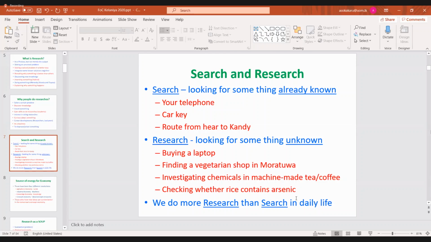Say for example, you want to find which particular variety of rice, whether this rice contains cyanide or not. You don't know beforehand whether that will be there or not.